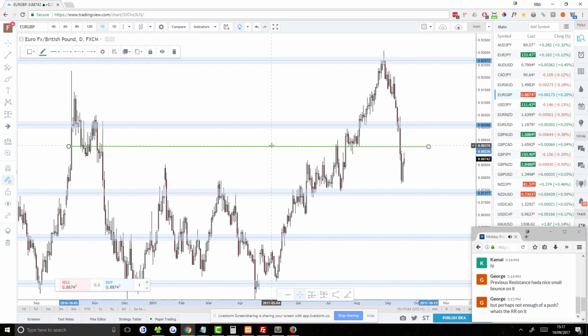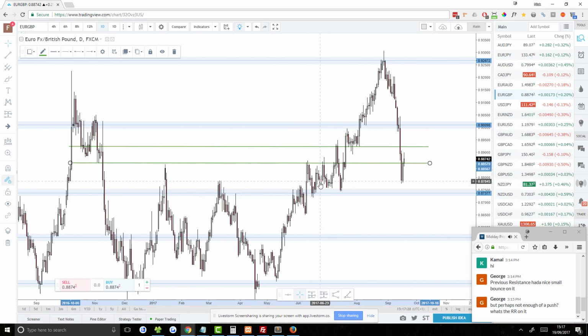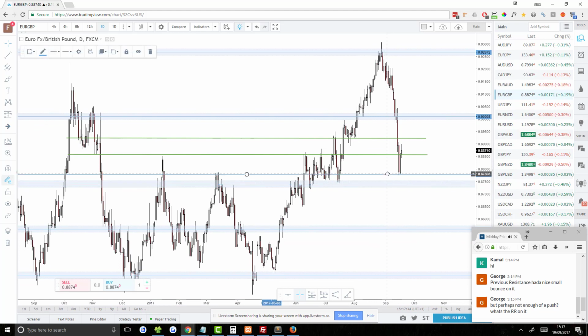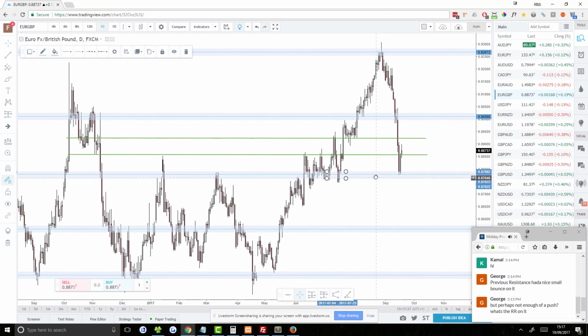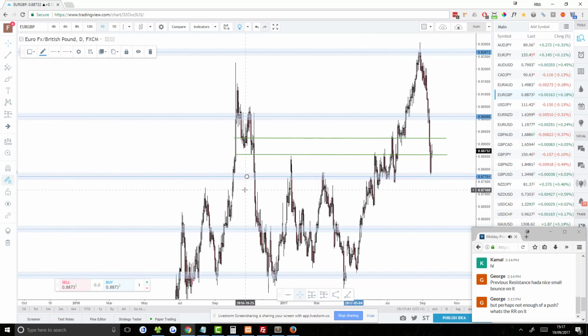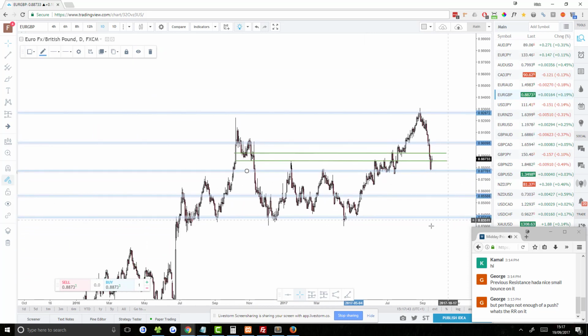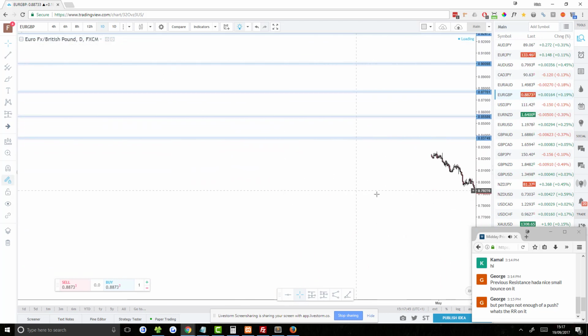You could argue that there's one here, or you could say there's one where I have it, or you could say there's one slightly higher, something like there. It's very difficult to drill down on good support resistance in this area, just because it's an area that price hasn't really been at that much.